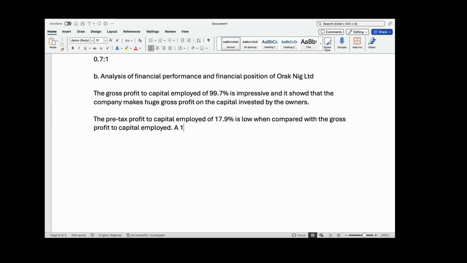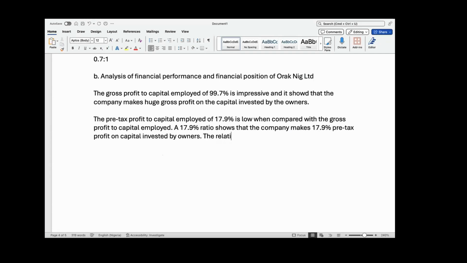A 17.9% ratio shows that the company makes 17.9% pre-tax profits on capital invested by owners.